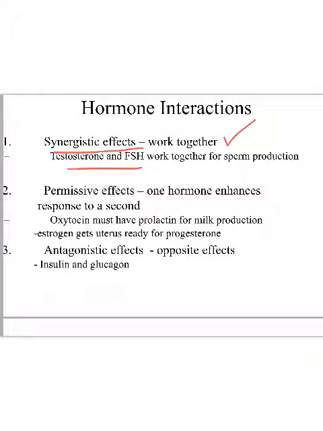Permissive means one hormone enhances the response to the second one. The example I have here is oxytocin has to have prolactin in order for milk to be made, so the one doesn't work without the other one. And estrogen gets the uterus ready for progesterone for pregnancy. The third interaction is antagonistic effects, so that's opposite. The best example of that is insulin and glucagon.